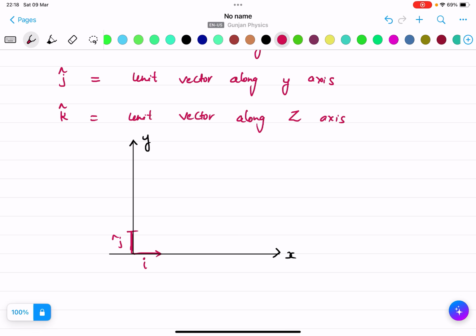So unit vector magnitude equals 1. The i unit vector equals 1, the j unit vector equals 1 and the k unit vector equals 1. So these are the unit vectors, where the modulus represents the magnitude of the vector. Okay.